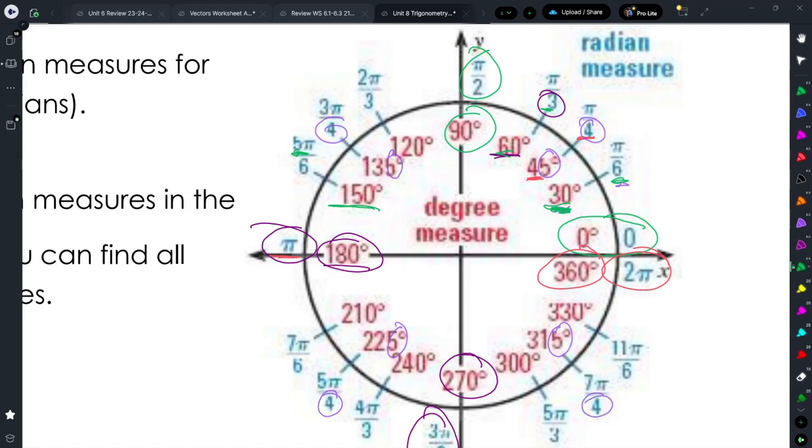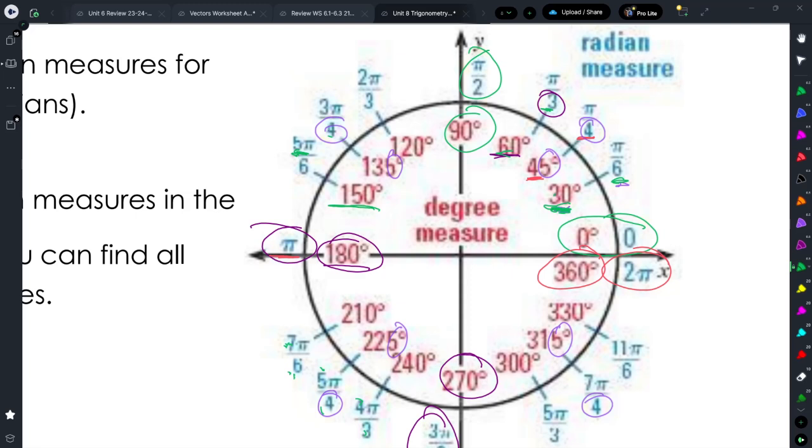So that might be something that's useful to know. The numerators, like in the first quadrant, the numerator is all 1. And then in the second quadrant, the numerator is 1 smaller than the denominator. And then quadrant number 3, the number in the numerator is 1 bigger than the denominator. 7 is bigger than 6. 4 is bigger than 3. 5 is bigger than 4. And so on.